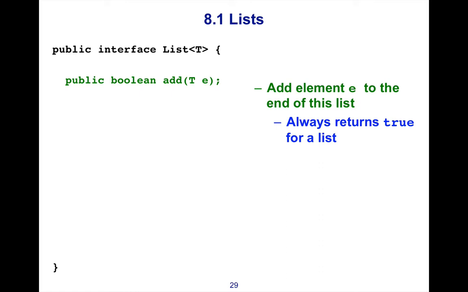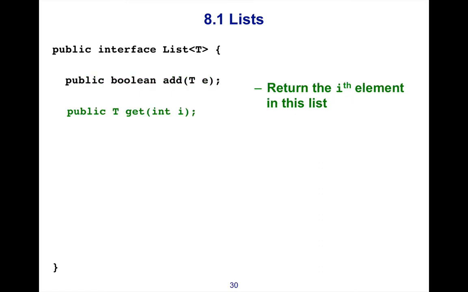Here it's just called e for element. Now for a list, this is always going to return true because adding to a list is always a successful operation. We might see later, for example, that adding to a set depends upon whether the element is already in the set or not, so its add might return false. But for a list, we expect to have true returned.